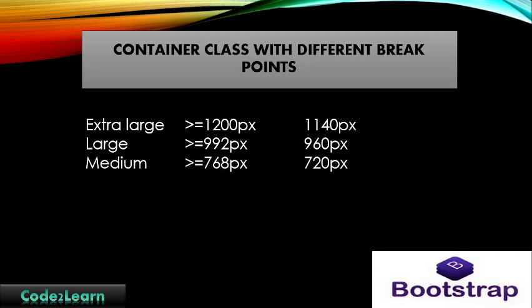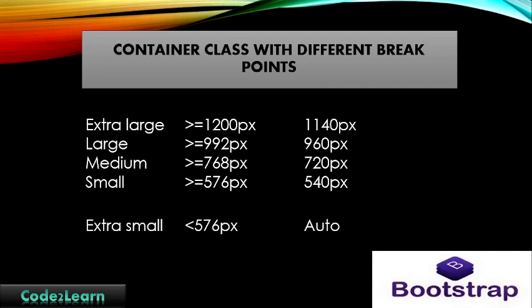For medium screens, it is greater than or equal to 768 pixel and 1 pixel less than the large scale, and the container width here is 720 pixel. For the small screen, it is greater than or equal to 576 pixel and less than 768 pixel, where the container class uses 540 pixel.